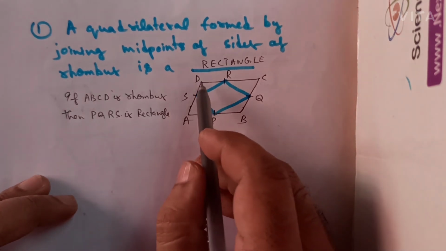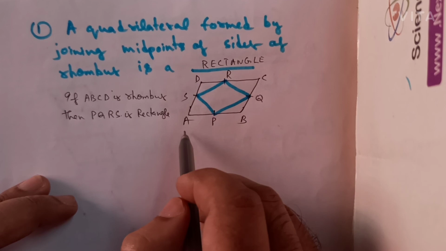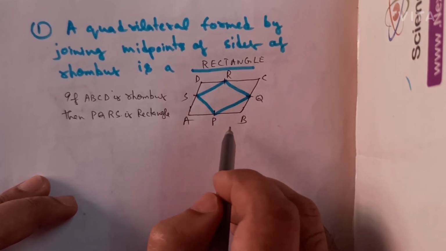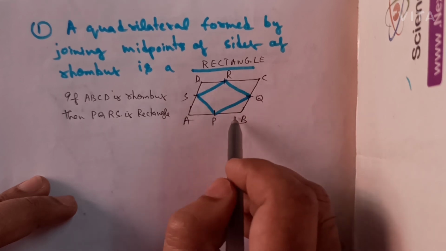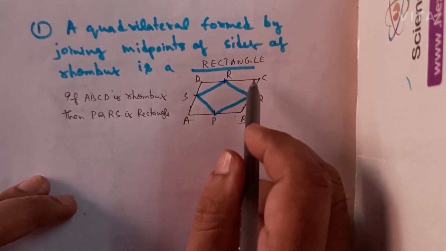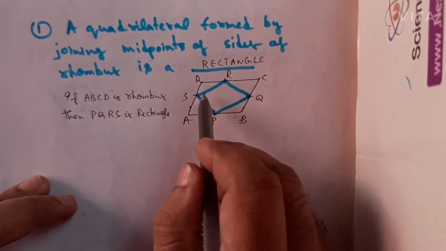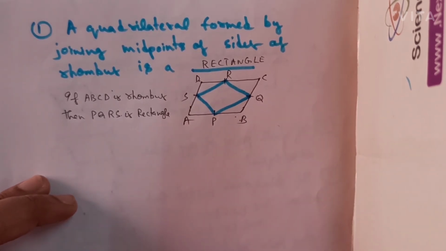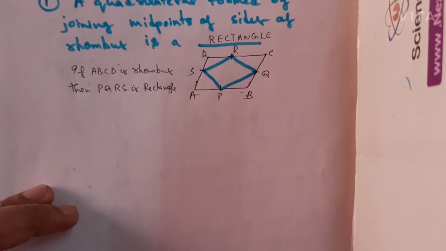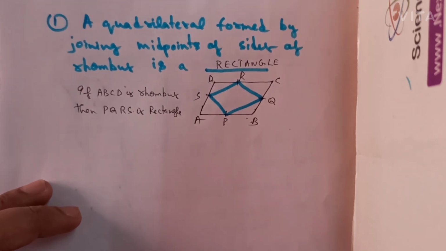Because as we know that in case of a rhombus as well as in case of a parallelogram, the diagonals AC and BD are not equal, and if AC and BD are not equal, therefore the sides SR and PS will also be not equal. You can just think about it. So that's why a quadrilateral formed by joining the midpoints of sides of a rhombus is a rectangle.